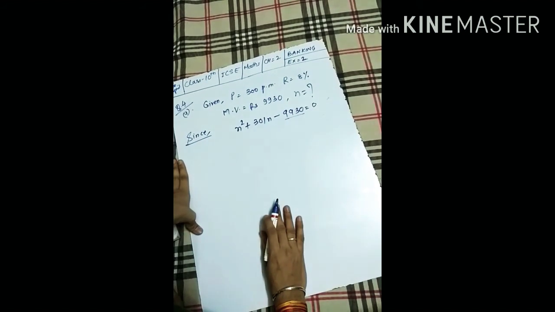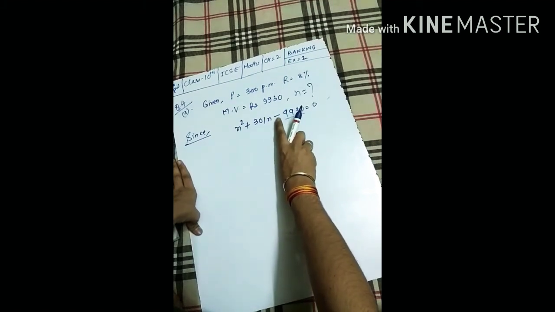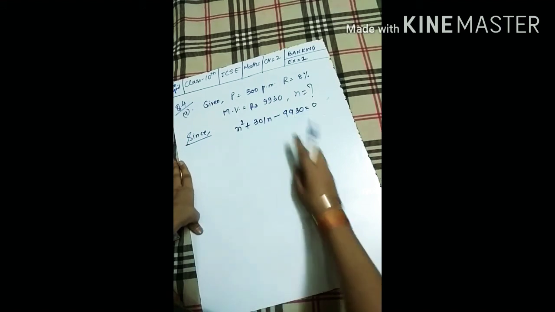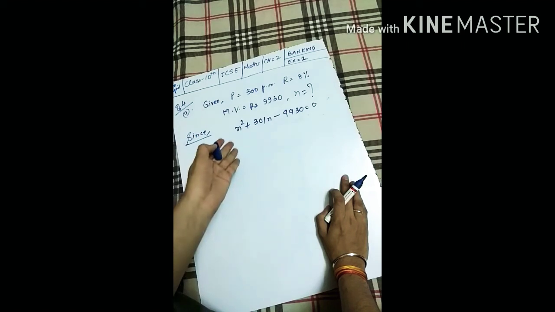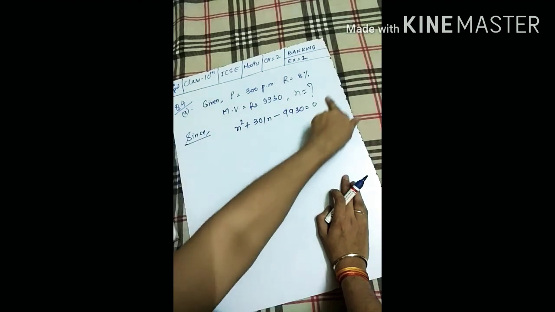I think you will be more comfortable with such equations once we do the quadratic equation chapter. There are certain methods, two methods, for finding the solution of a quadratic equation, so no need to worry about it. We'll study the quadratic equation further.